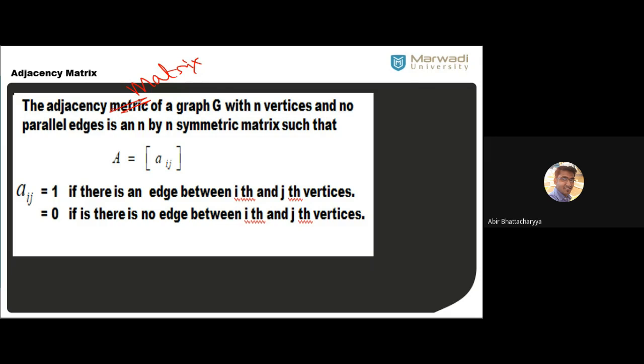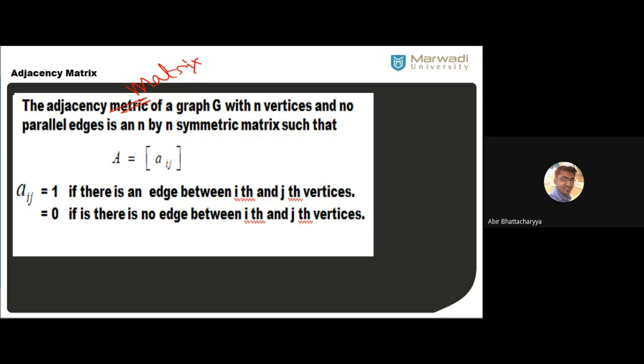A matrix is a specific structure having some rows and columns, right? Small aij is the element at the crossing of the ith row and jth column.